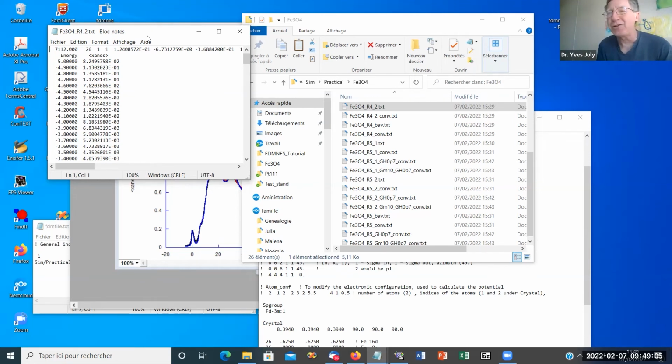So why? There are different reasons. First, calculations are not perfect, evidently. And the second one is that the edge position is defined in a specific way in experiment. I think it was used as a point where the slope is maximum in the main edge. And in fact, this point very rarely corresponds to the Fermi energy.